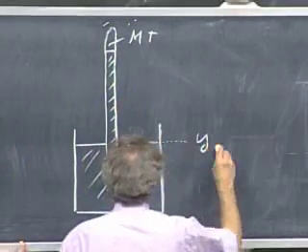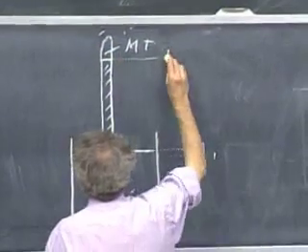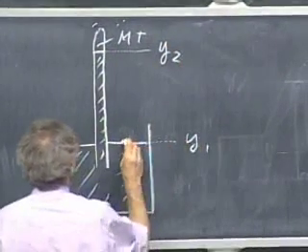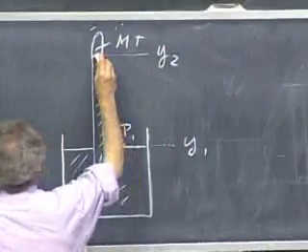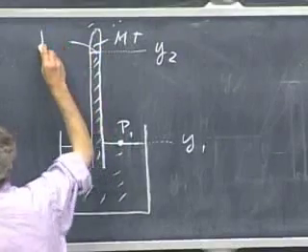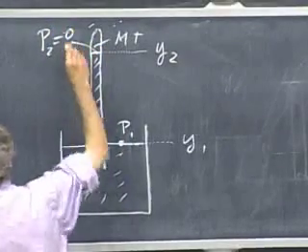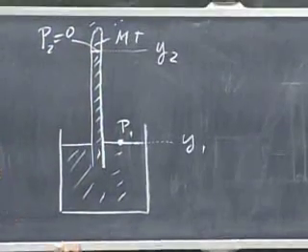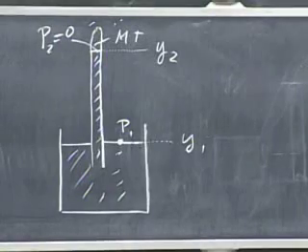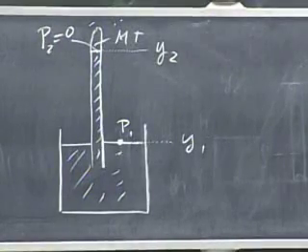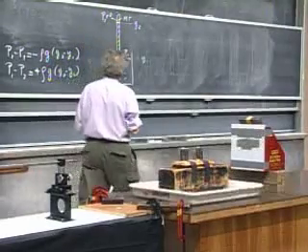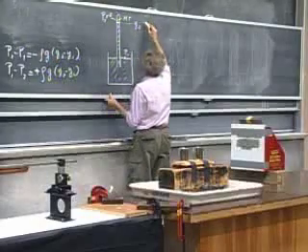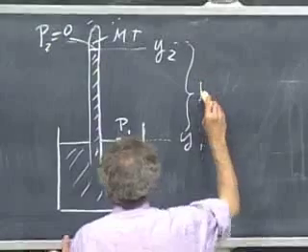This is Y1. This is Y2. This is the pressure P1. And right inside here is the pressure P2, which is 0, because it's empty. There's nothing. A little bit of vapor pressure, but that's very small. And so this distance here, let that be h.